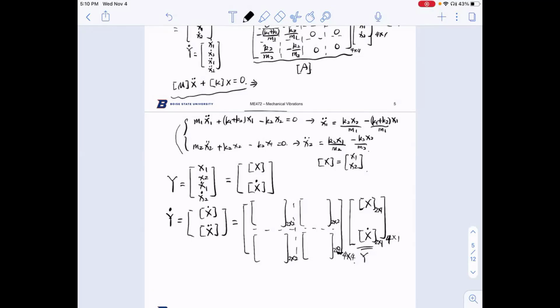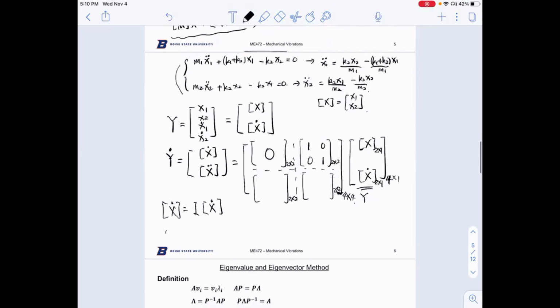Then let's fill in. The first equation is x dot equals x dot. We can write it as x dot equals the identity matrix times x dot. So that means your entries are a 0 matrix and the identity matrix, which is 1, 1, 0, 0.